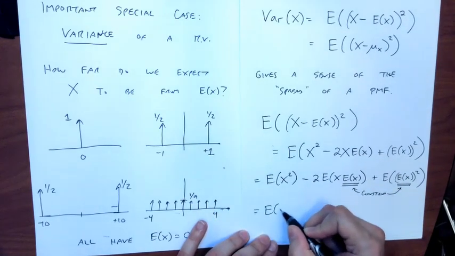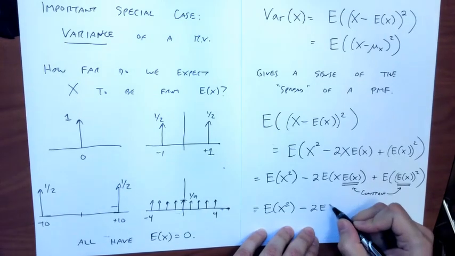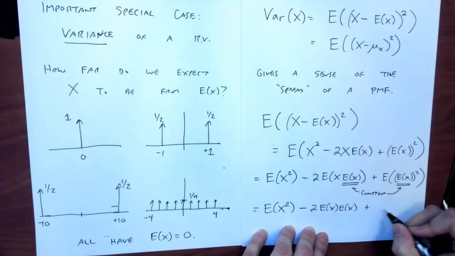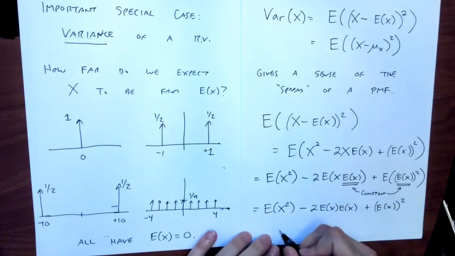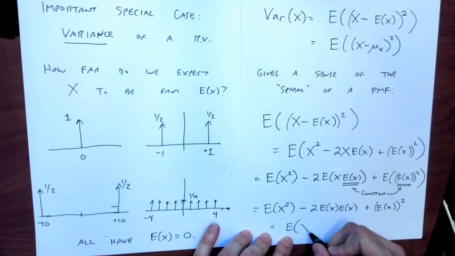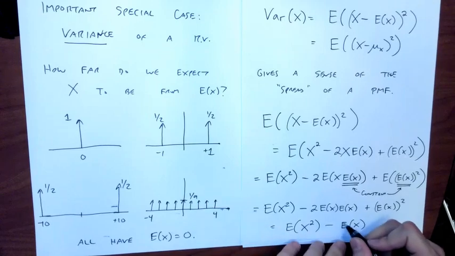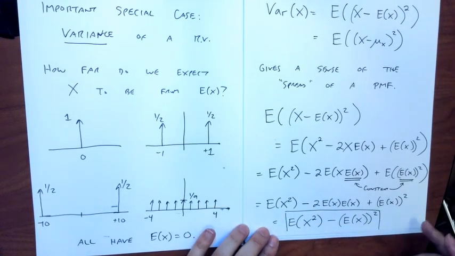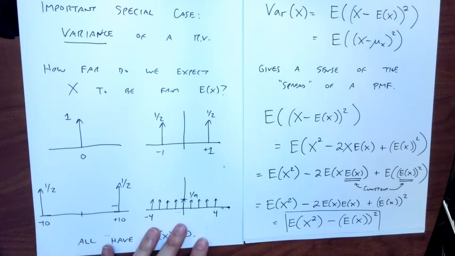So I have E of x squared minus 2 E of x times E of x again, plus E of x squared. And so what I get is E of x squared minus E of x squared. This is really important because this is often a handy way to compute the variance easily.